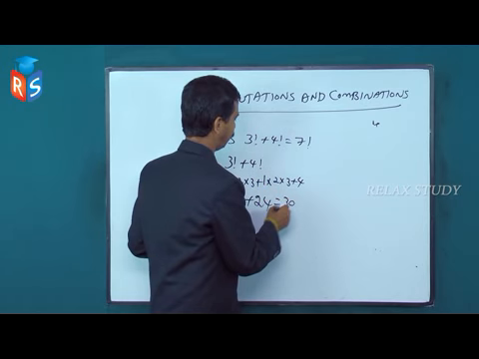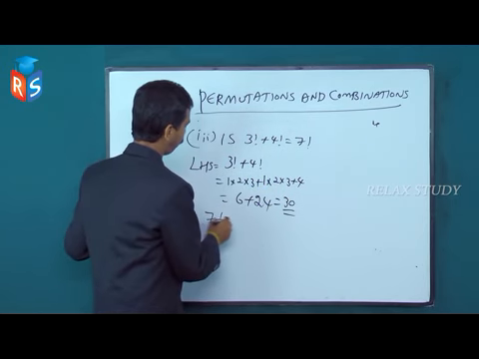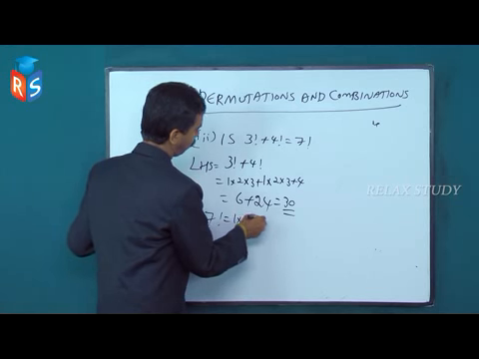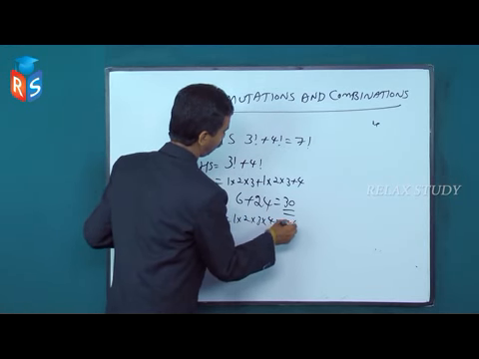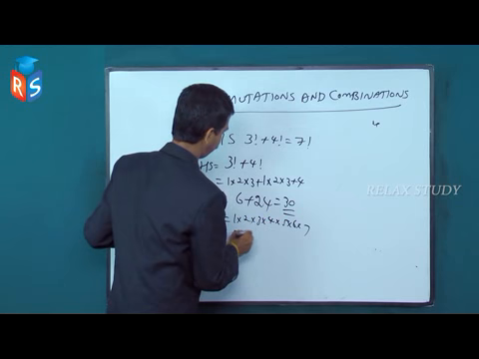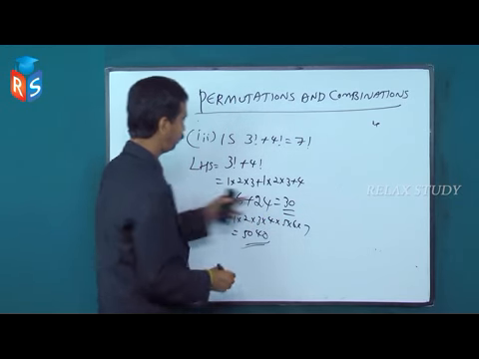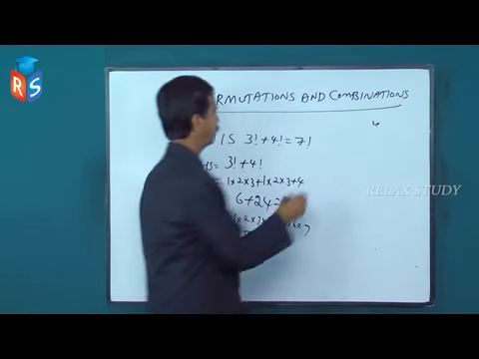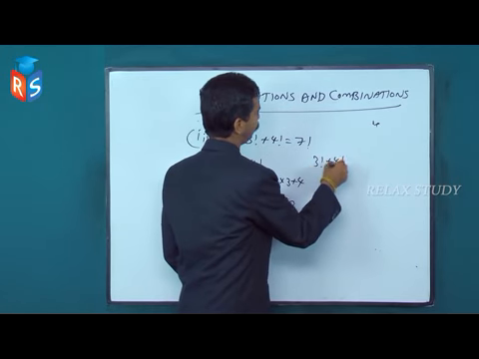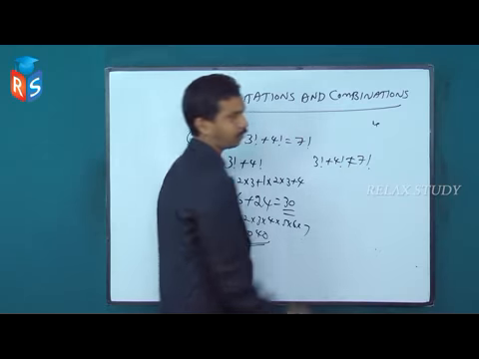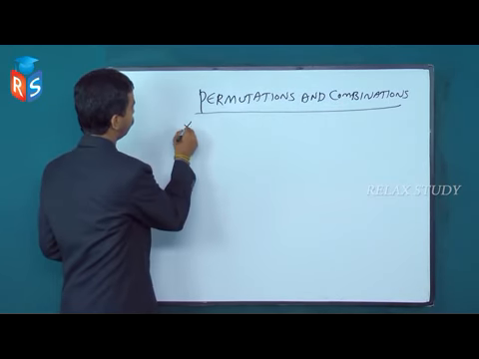So the answer is 30. But 7 factorial equals 1 into 2 into 3 into 4 into 5 into 6 into 7, that is 5040. These two are not equal. So 3 factorial plus 4 factorial is not equal to 7 factorial. Next one.